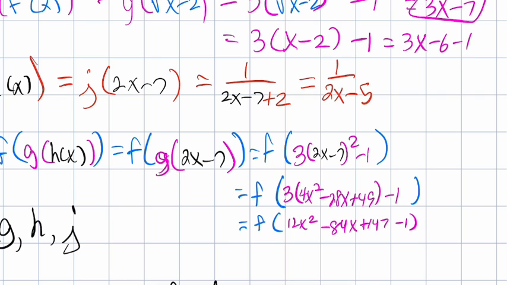And again, I'm not ready to do anything with the f until I make that as simplified as possible. So it's going to be 12x squared minus 84x plus 146. Only now am I ready to plug that into my f function. So get it simplified as much as you can before you go any further.